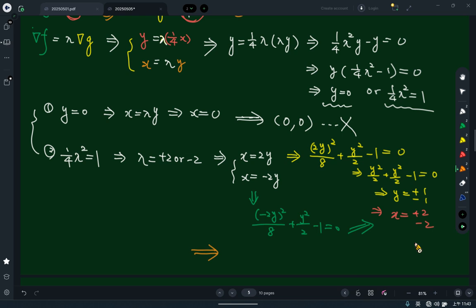So finally, the solution is the point (s, y) pair can be positive 2, positive 1, so 4 combinations, right?